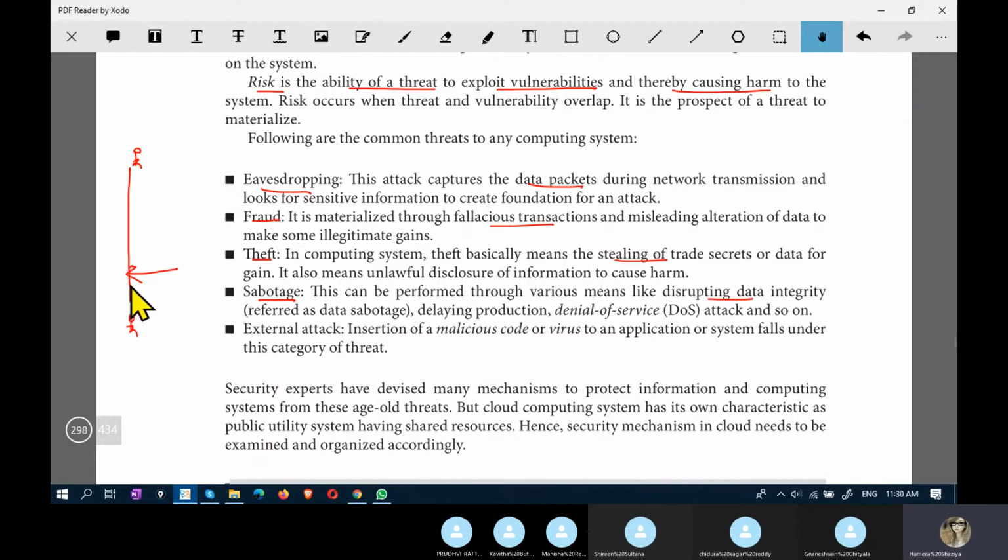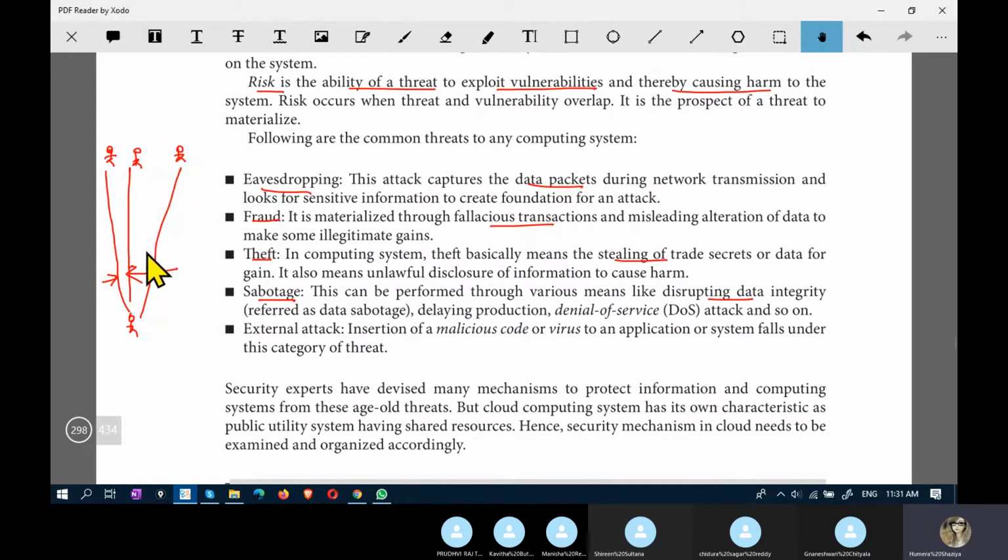And if I am sending my OTP or account number to the bank, someone can eavesdrop and make a fallacious transaction. Or if I am sending important information related to the department, somebody can listen and steal that confidential information.